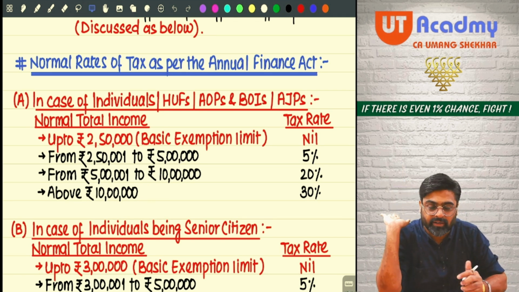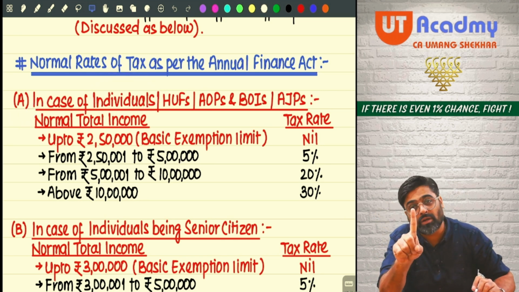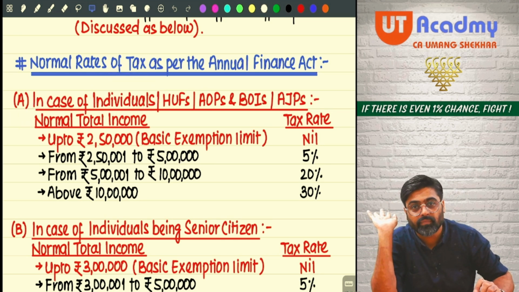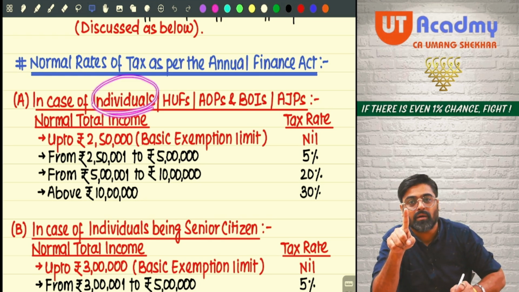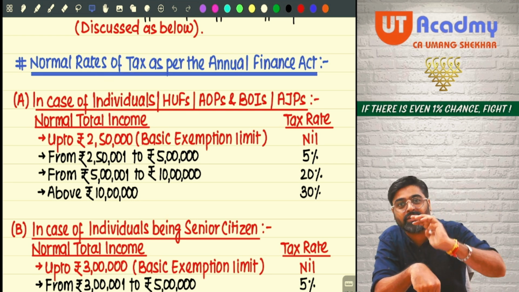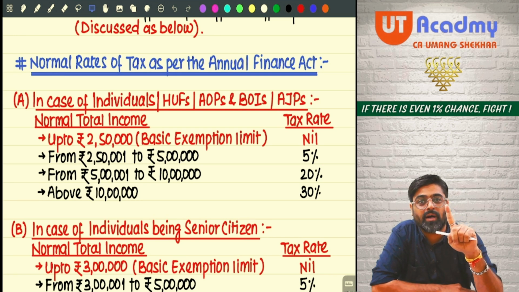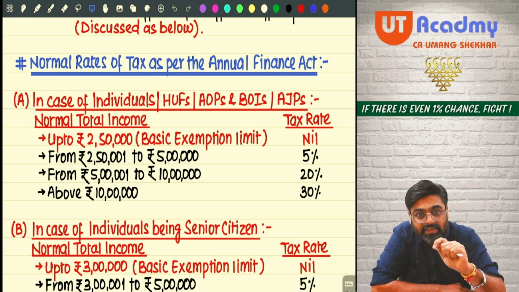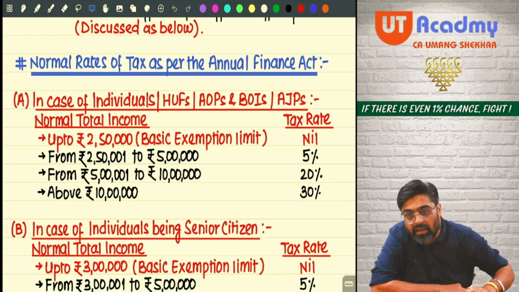All the non-resident individuals will be covered in category A. All the resident individuals will also be covered here, but their age should be less than 60. But any resident individual whose age at any time during the previous year is more than 60 or equal to 60 also, then that type of individual will be treated as what? Senior citizen. He will be covered in part B.